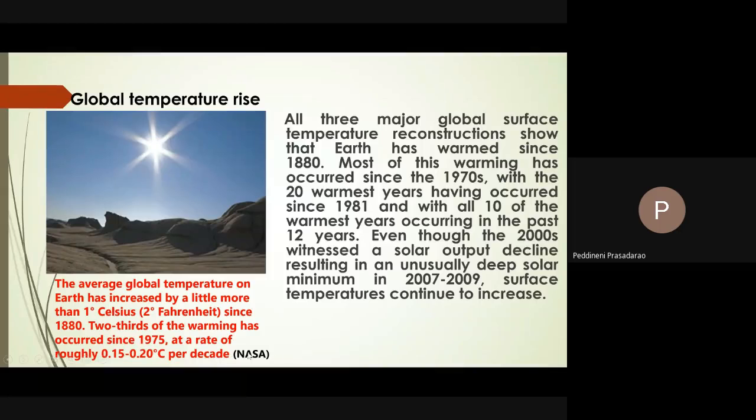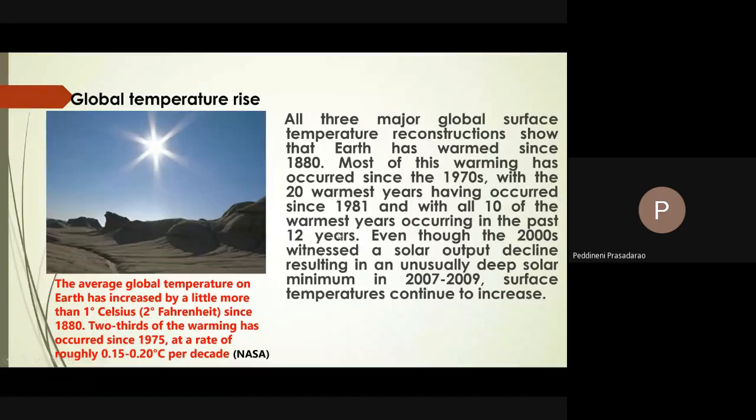This is again a NASA report I have taken. All three major global surface temperature reconstructions show that Earth has warmed since 1880. Most of this warming has occurred since the 1970s, with the 20 warmest years having occurred since 1981, and all 10 of the warmest years occurring in the past 12 years.